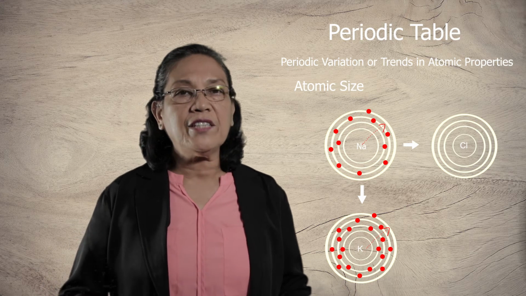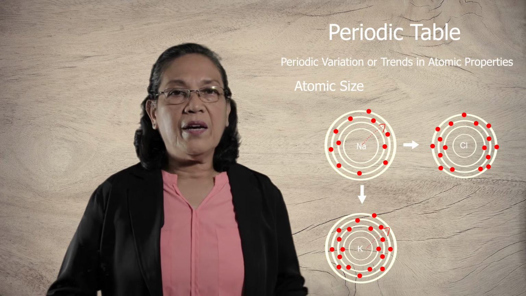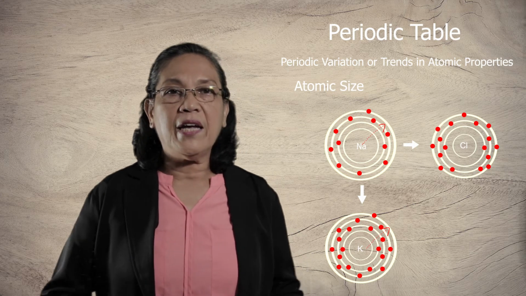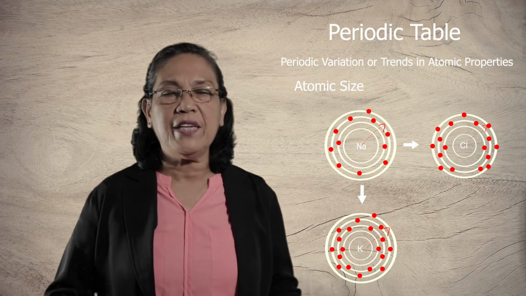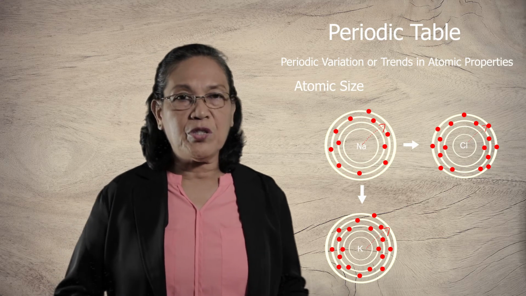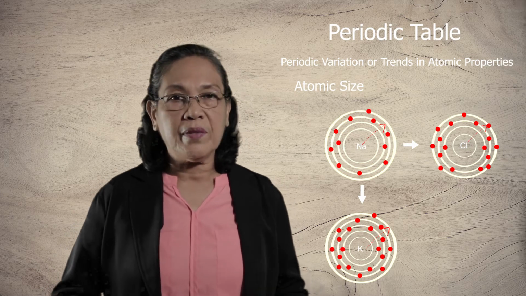The last electrons, or the valence electrons, of chlorine will only occupy the third energy level. So if you go across the periodic table, there seems to be no change in the number of energy levels.